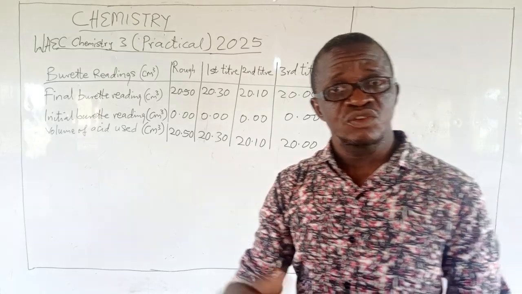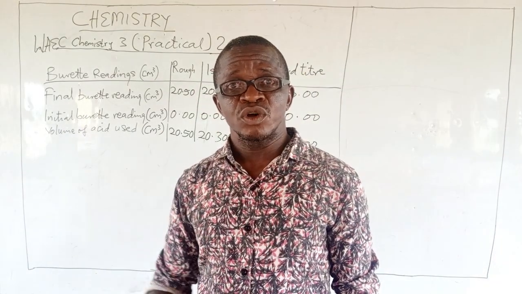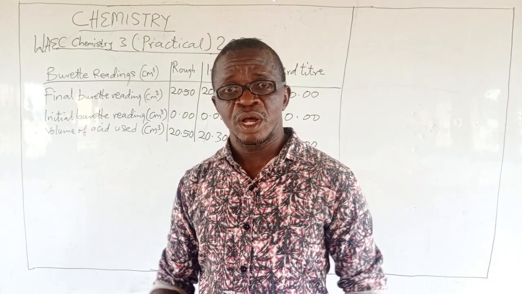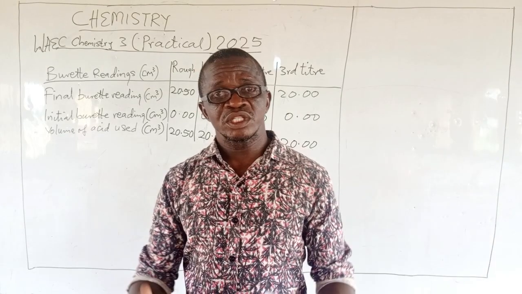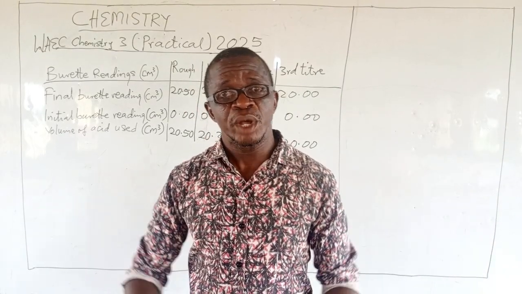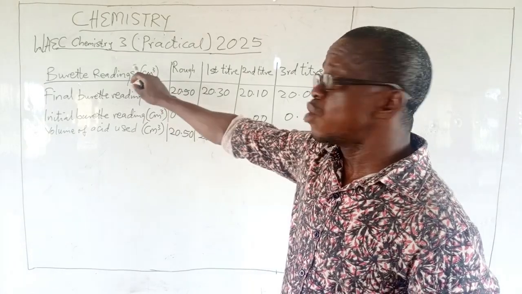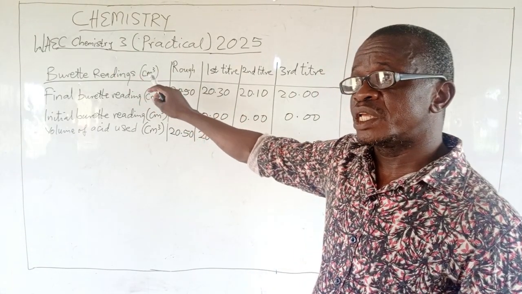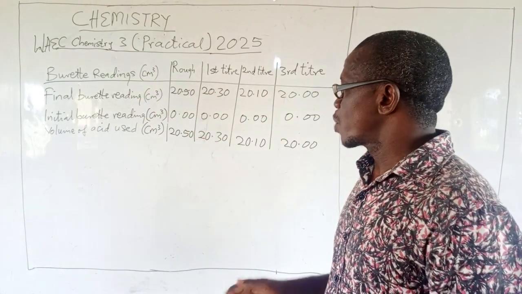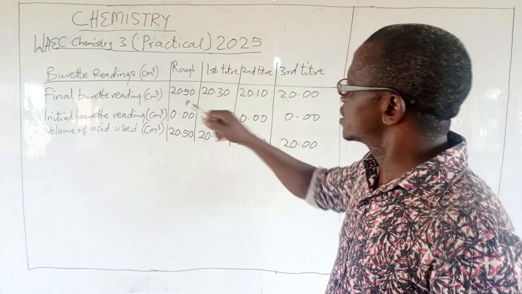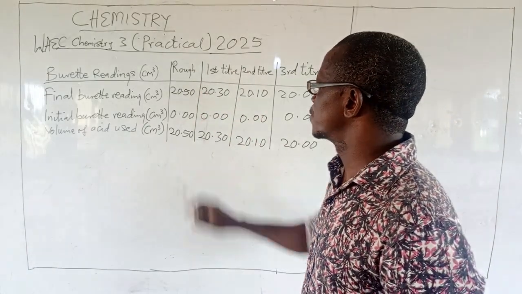If you are using 20.00 cm cube, write it. If you are using 25.00 cm cube, write it, so that the examiner will know the volume of the pipette you are using. Okay, now this titration has been carried out.